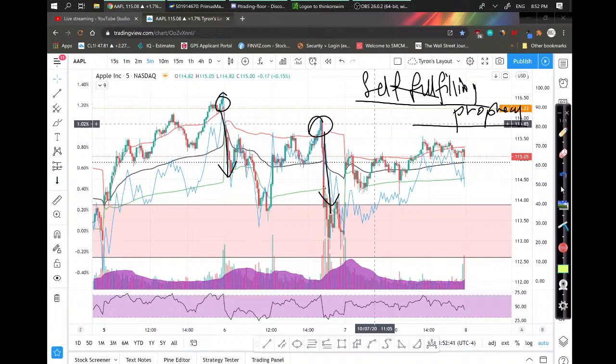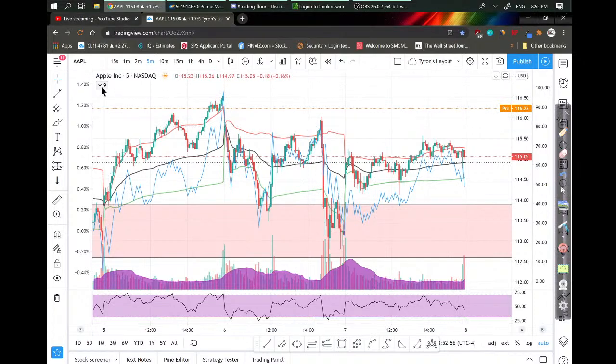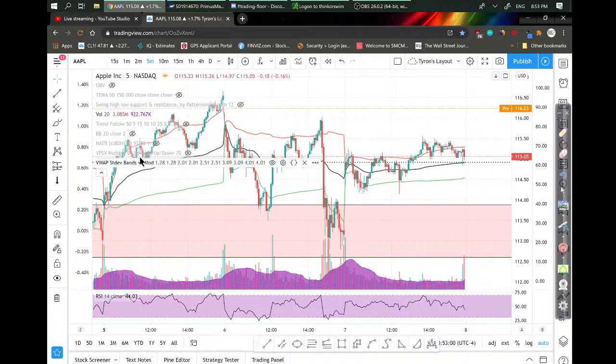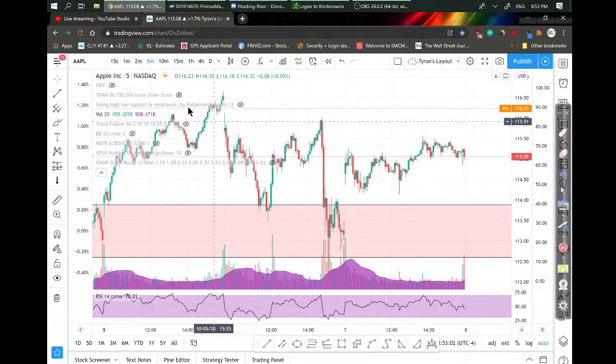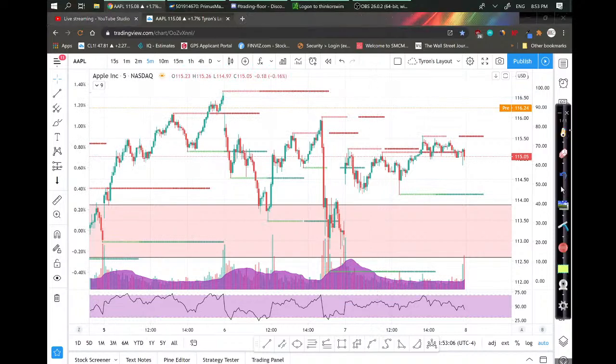So how do I put this in the easiest way? You see a price action reach a certain level, like a support and resistance, right? Let me try to make it a little more obvious. So, for example, support and resistance, we know this indicator, right?